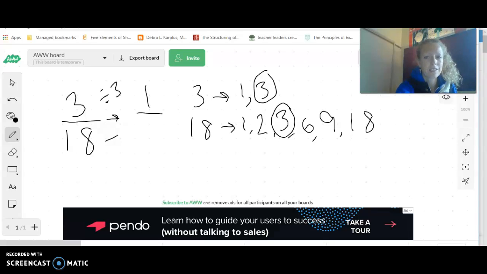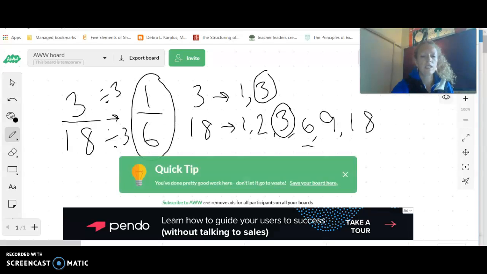And 18, because I'm always going to do to the bottom what I do to the top. 18 divided by 3 equals 6. Is that my simplest fraction? You bet. 3/18 is the same as saying 1/6. Which is simpler? 1/6. That's the simplest form.